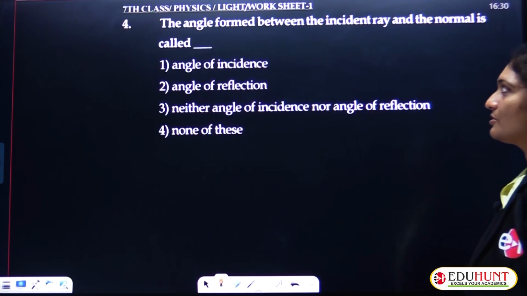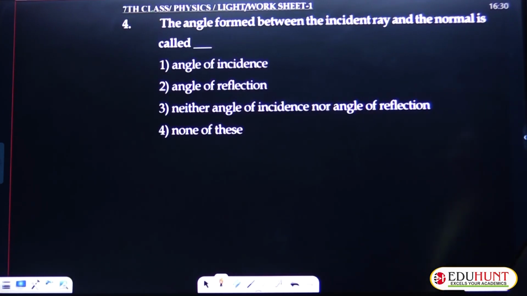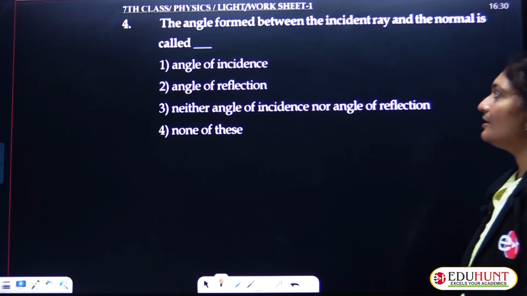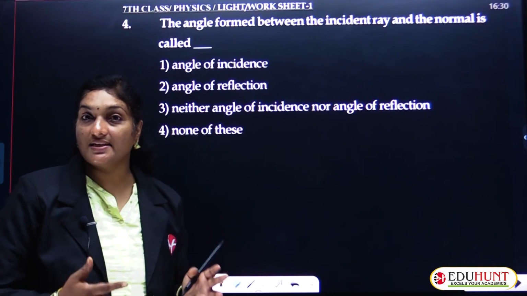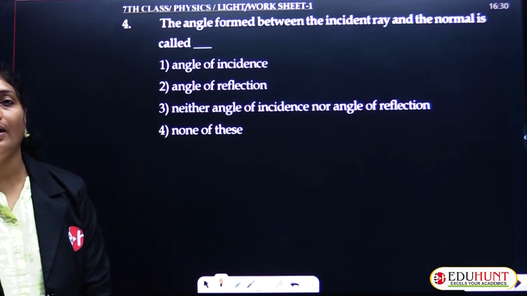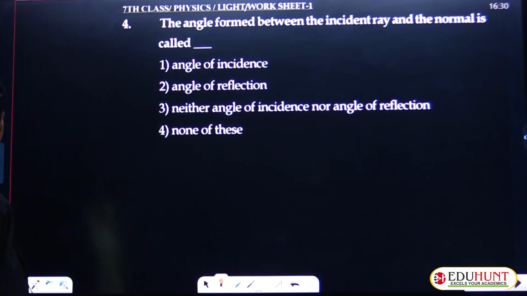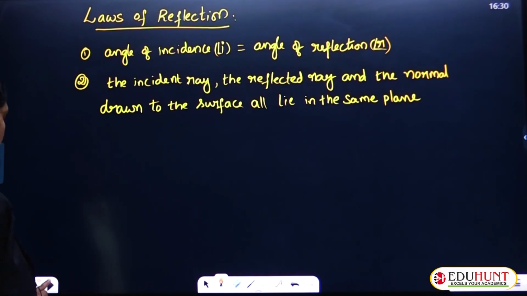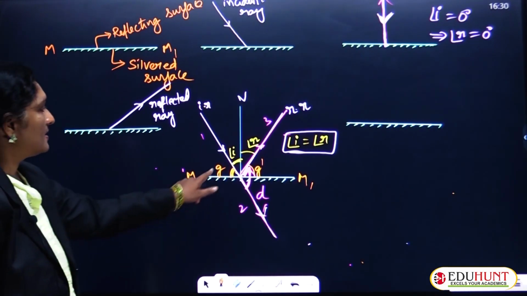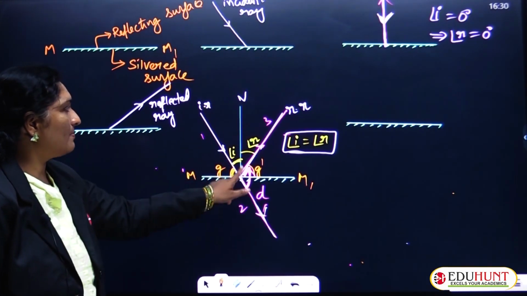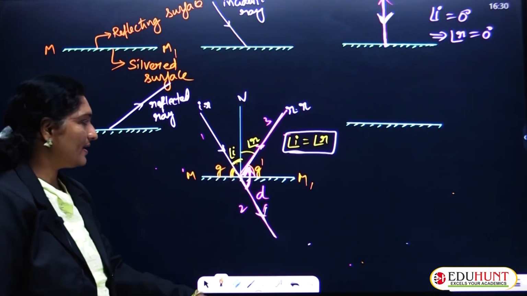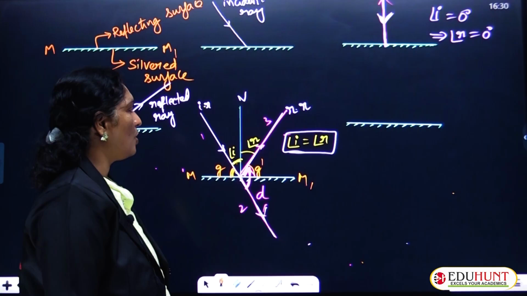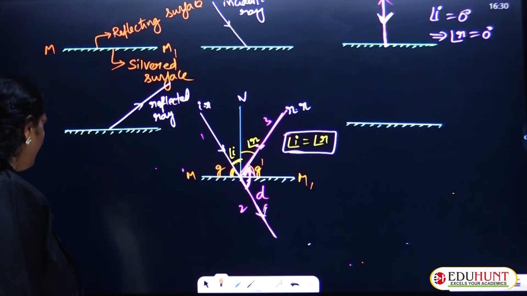So, moving to the next question, the fourth one: the angle formed between the incident ray and the normal is called what? What is that angle called, children? The angle between the normal and the incident ray is called the angle of incidence, whereas the angle between the reflected ray and the normal is called the angle of reflection.